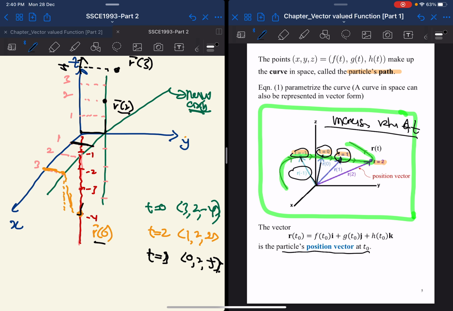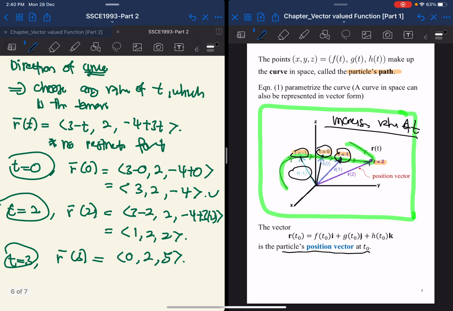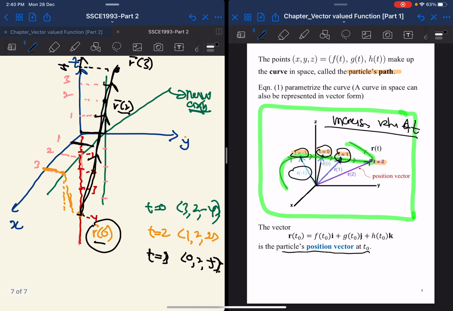The curve should be a straight line in this direction. Why? Because of the position vector that we have determined at the beginning of the step.